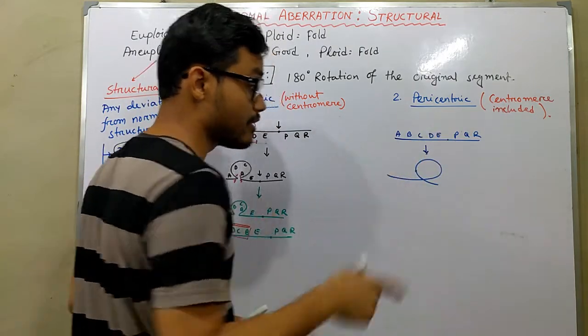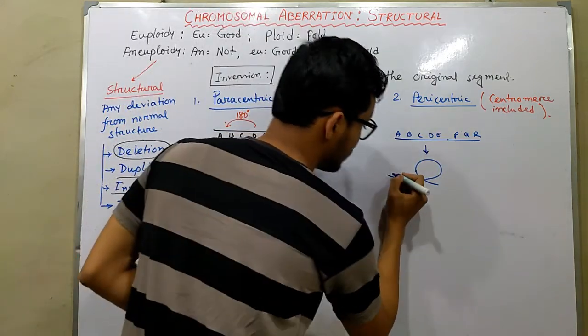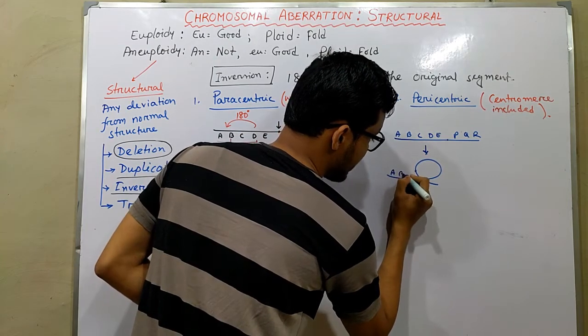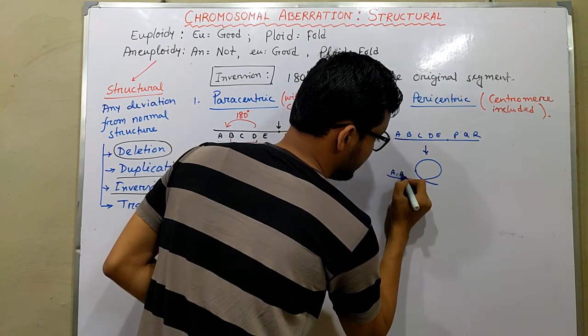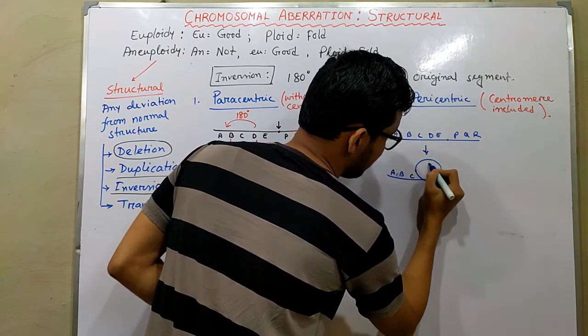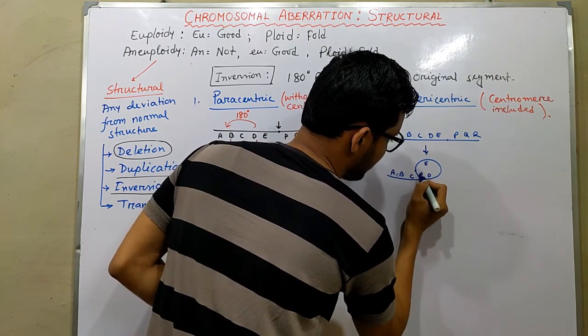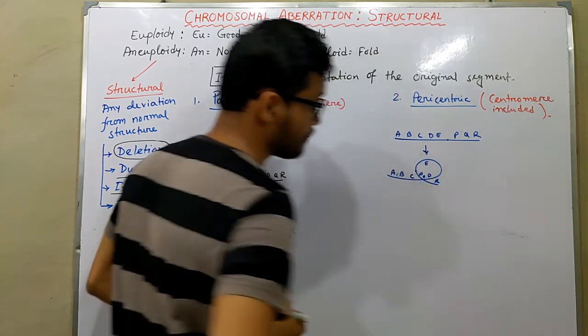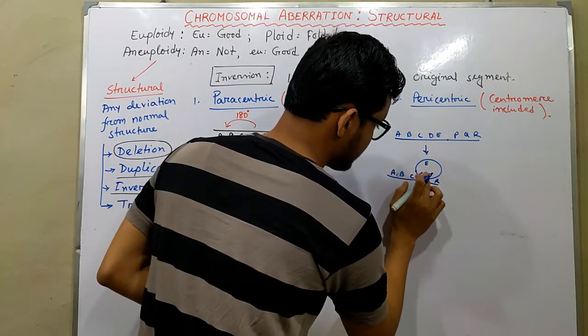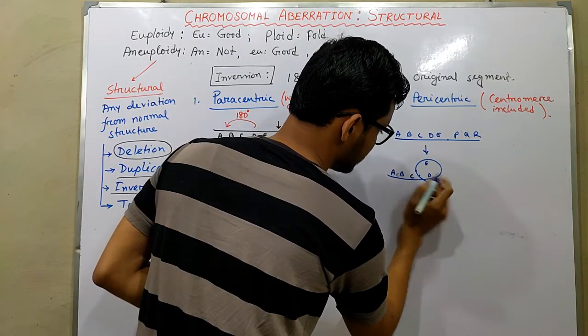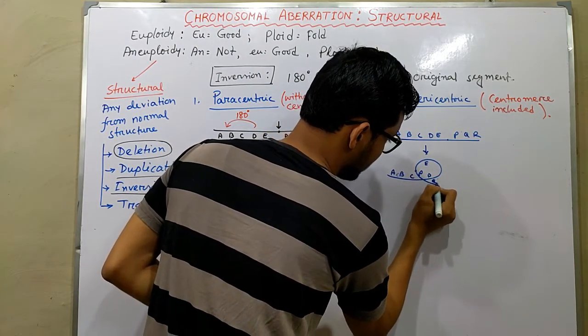Okay, the loop is formed between the long and short arm. So what is the sequence? The sequence is A, B, C, D, E, P, Q, R.